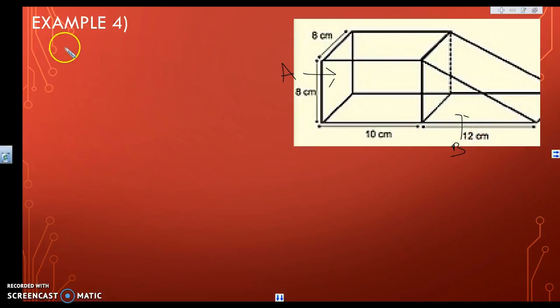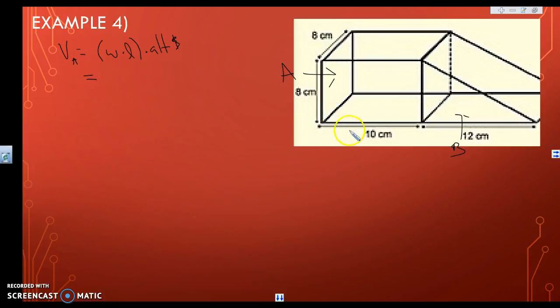So my first formula, volume of figure A, is going to be the volume of a rectangular prism, which is given by our base, which is width times length, times the altitude. There we go. So let's plug in what we know.